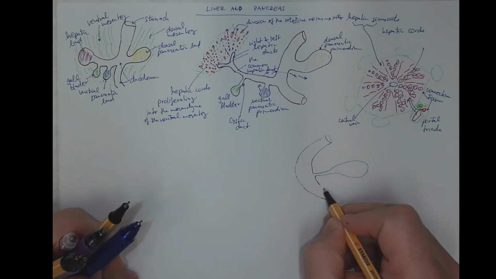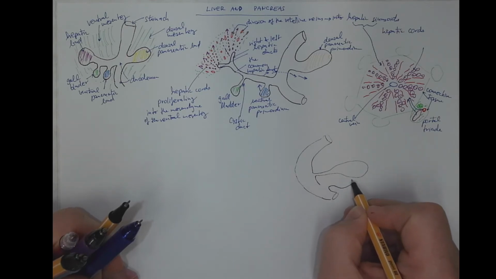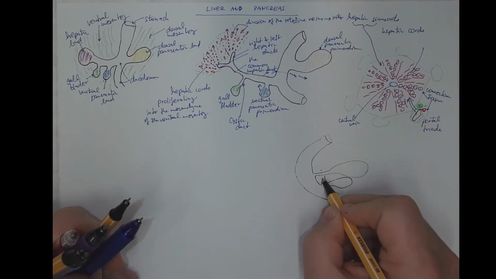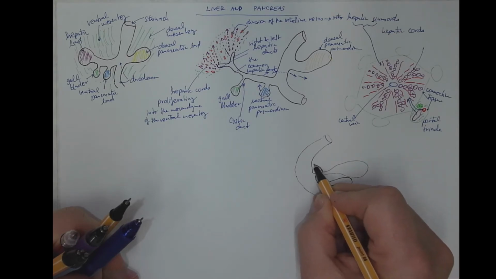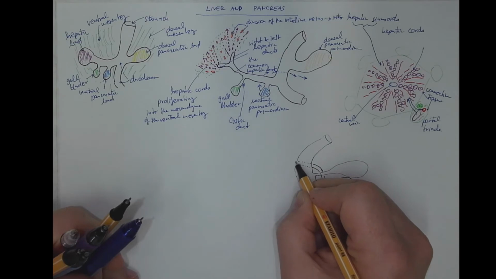and now also the ventral pancreas together with the choledochus duct. That goes behind the duodenum.